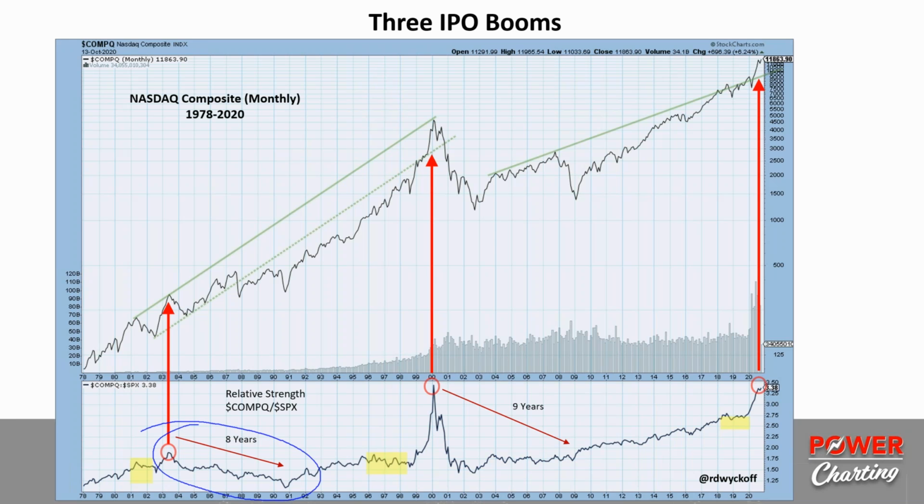So notice that there's a big uptrend still in the Nasdaq stocks. They kind of go sideways and underperform until around 1990, '91. And then notice that in '91 or so, the Nasdaq stocks start to go up again and have relative outperformance to the S&P.